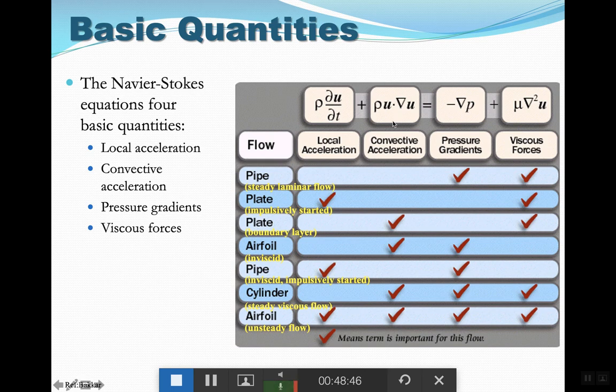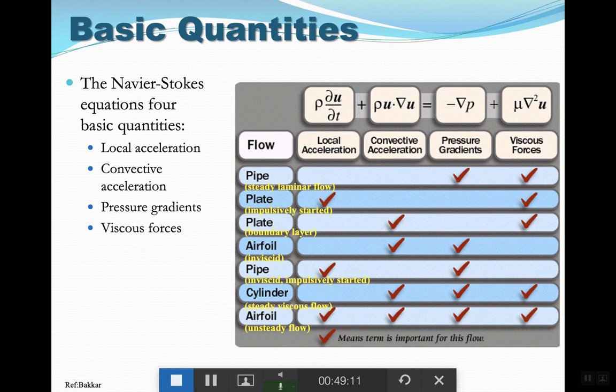If we go back to our Navier-Stokes equation, and if you recall, when we were discussing Navier-Stokes equations, I told you that the equation is a very long and complex equation, and I do not expect you to memorize it. There's no point in memorizing this equation.